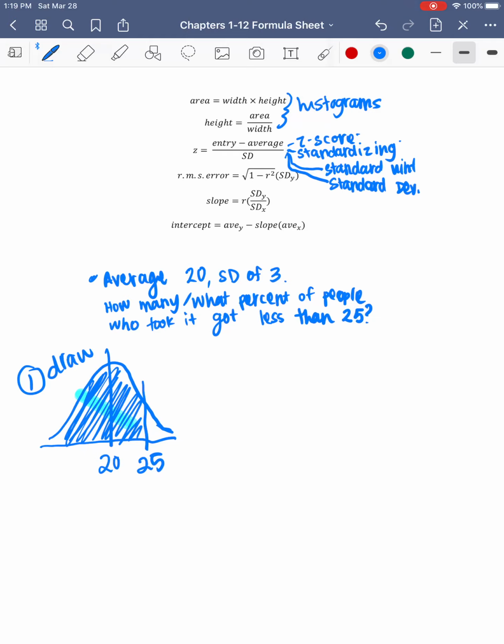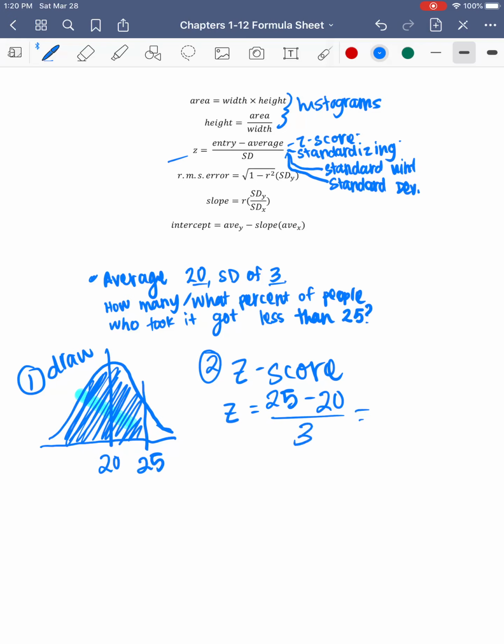Okay, so that's step 1. Draw the normal curve. Step 2 is to calculate the Z-score. And that's why we're doing this problem, because here's the formula for Z. So Z equals the entry. In this case, our entry is 25. Entry simply means like, what number are you looking at? What's the number you care about right now? Then we're given that our average is 20. Our SD is 3.